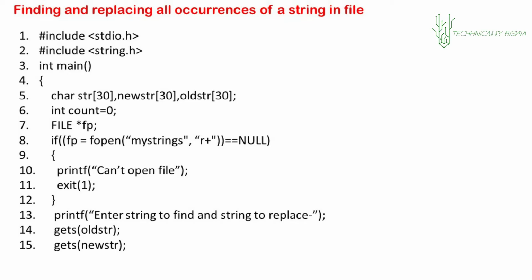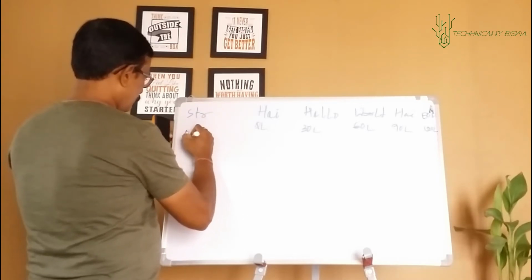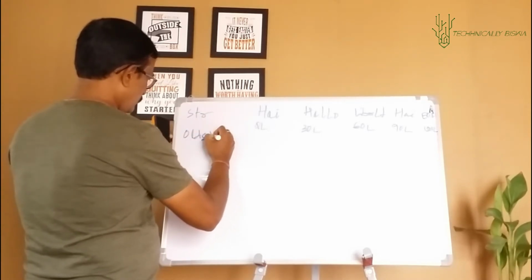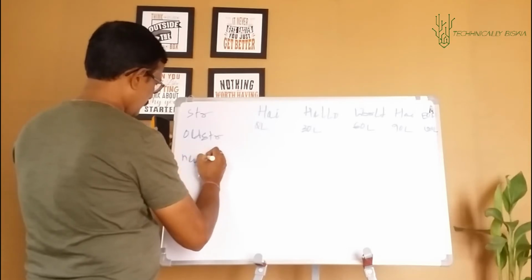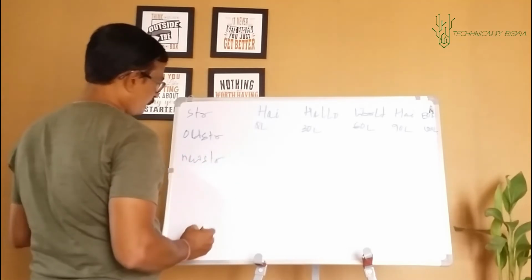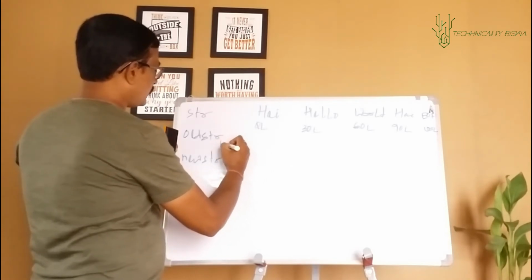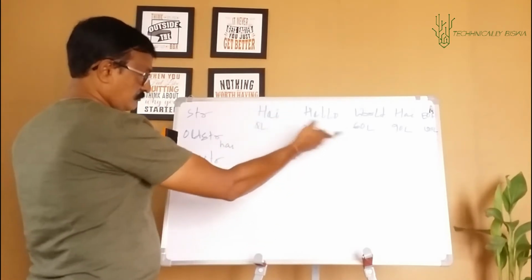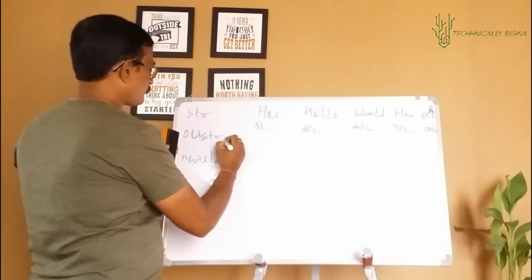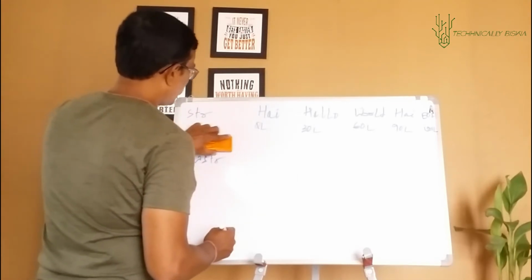Let's be back on the board. You have str, you have old_str, you have new_str. These three variables are there. Let's assume old_str you entered "hi". We discussed that, it will be looking for "hi". Writing it down once again.